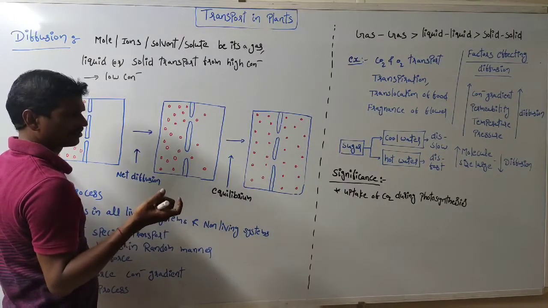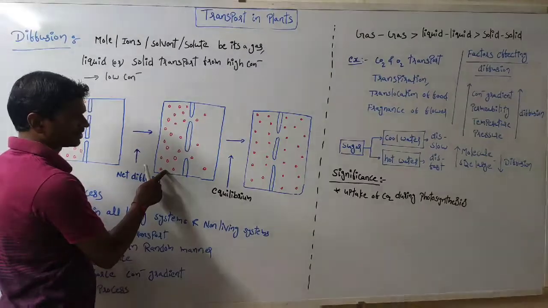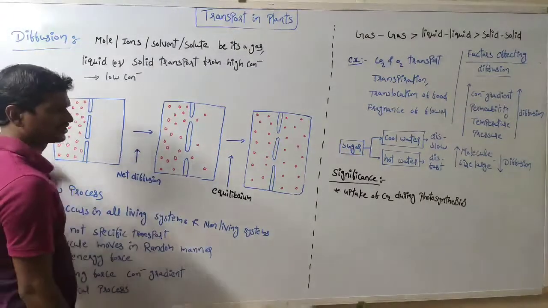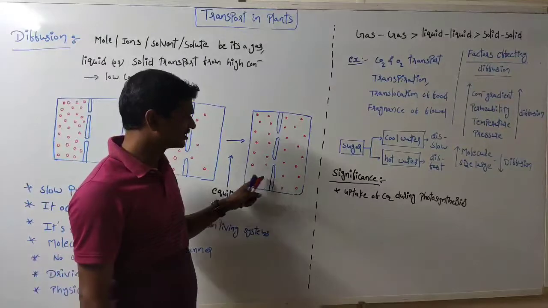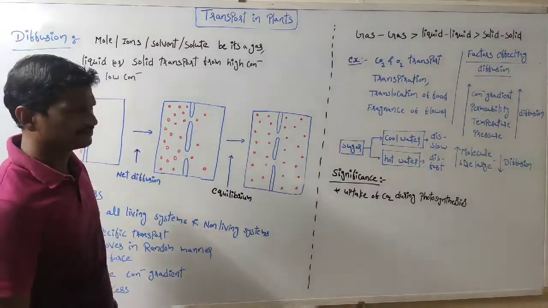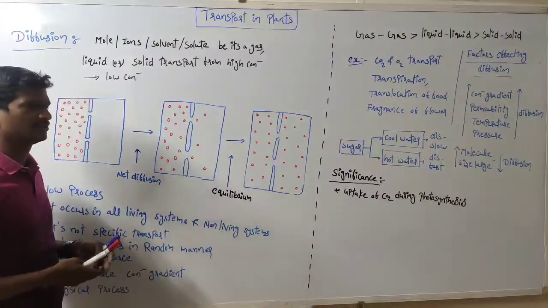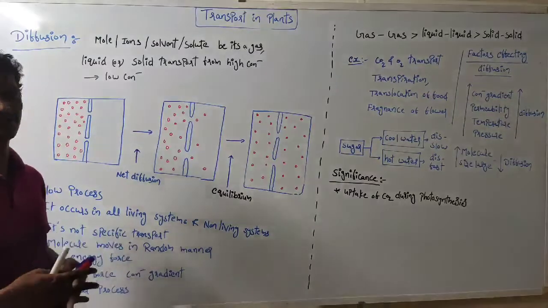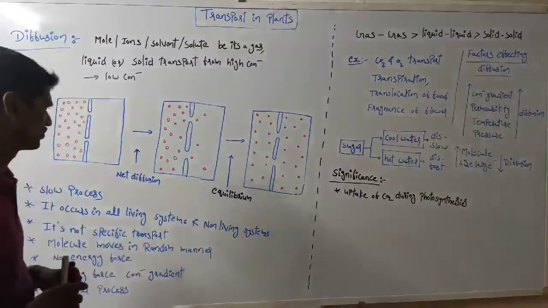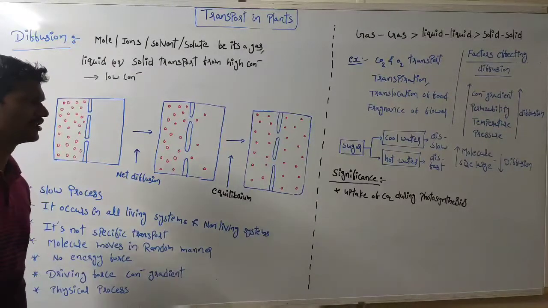That is one of the basic phenomena. The molecules are transported from high concentration region to low concentration region, and finally here it maintains the equilibrium state. So this is the equilibrium state.